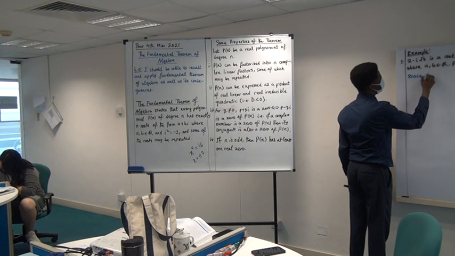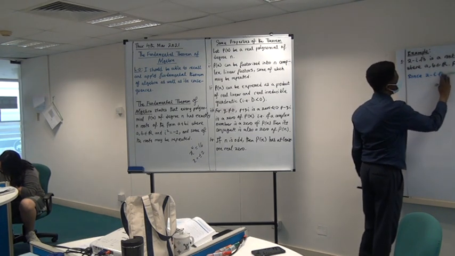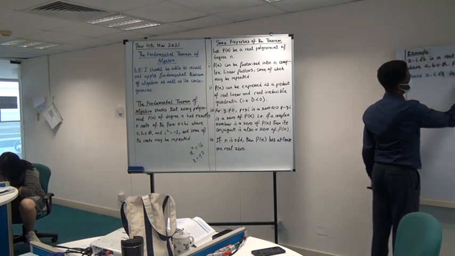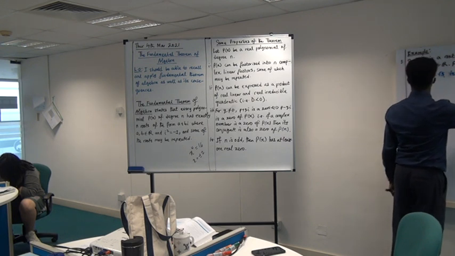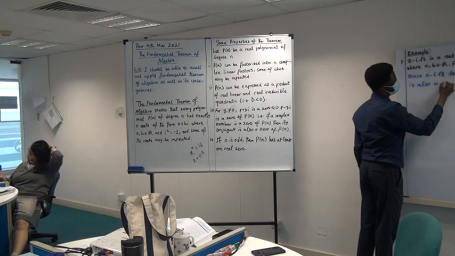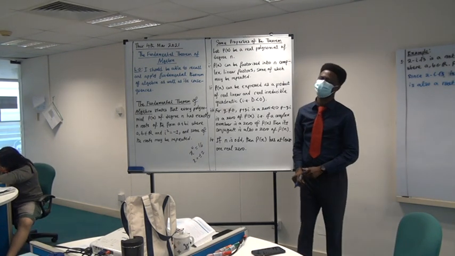Since 2 minus i root 3 is a root, then 2 plus i root 3 is also a root. Okay, so what do we do with this information?